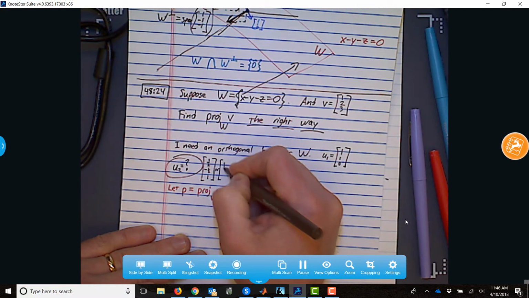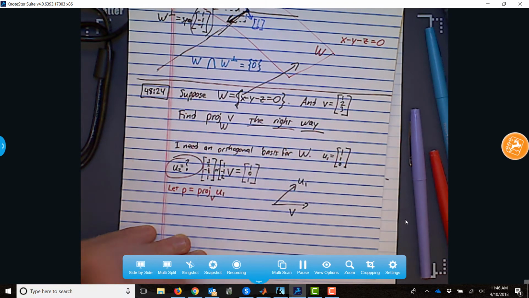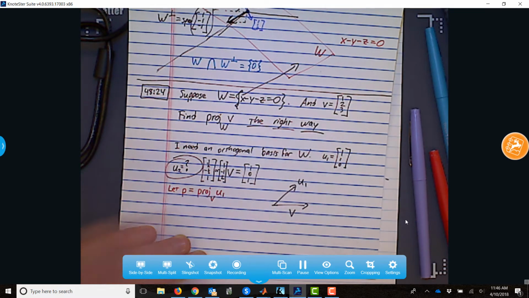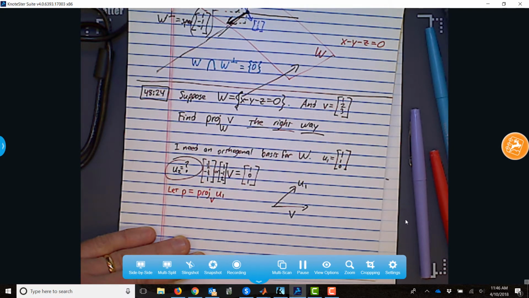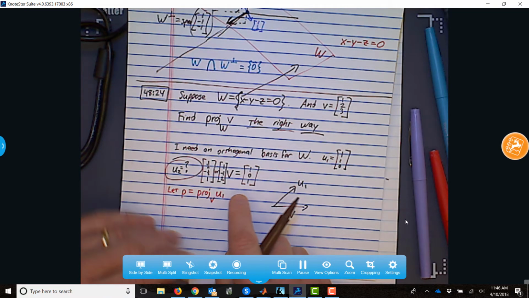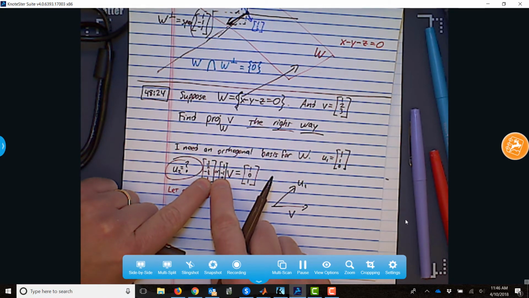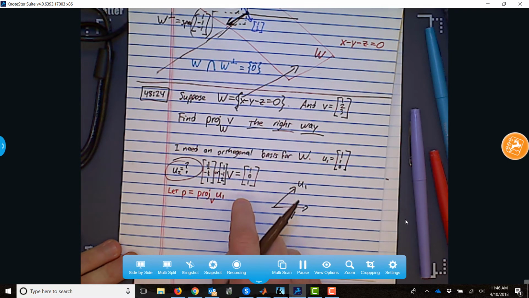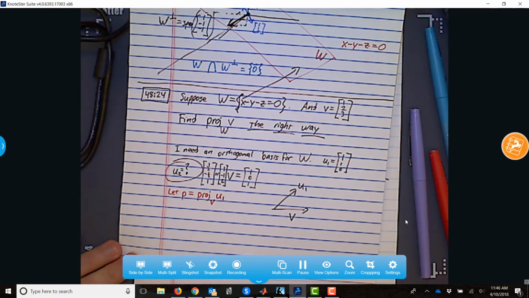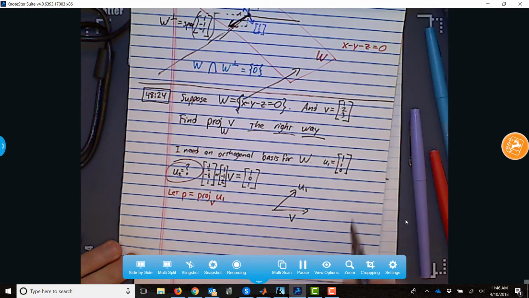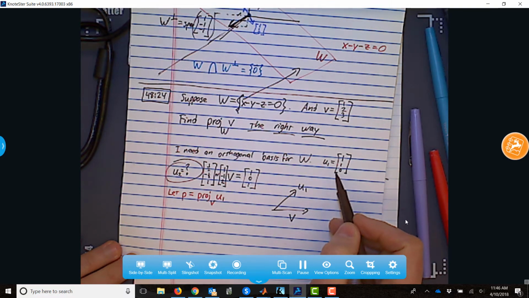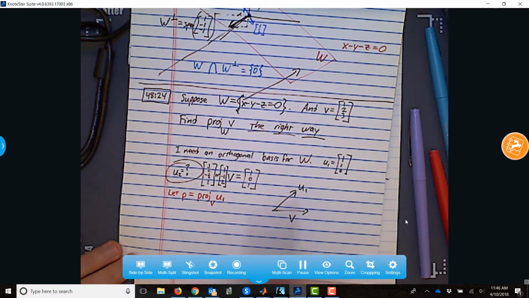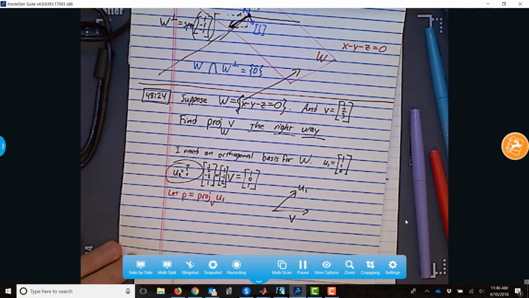Yours was 1, negative 1, and 2. You could also have anything for the last one. Multiplying by 0, so for the third number you'd have 0 if you want. But interesting, though: if you make the last one 0, then it won't be a basis because they'll be linearly dependent. So you could, but you don't want to, right? But these are both good choices.